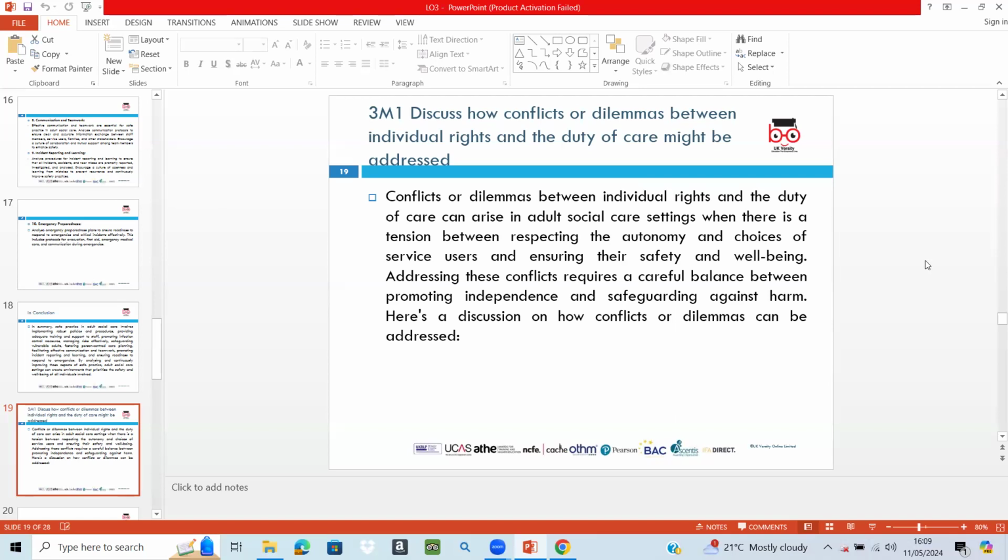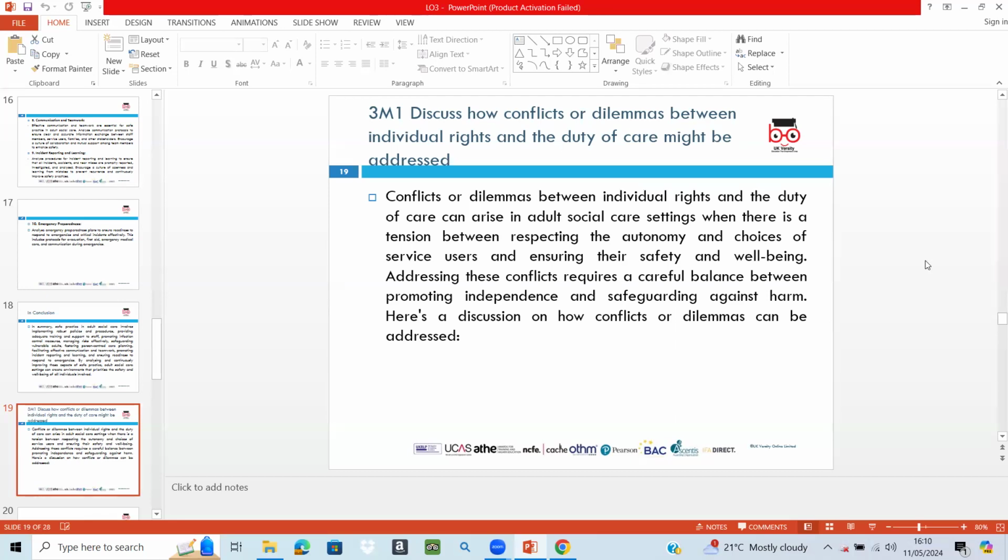Then we have professional judgment and ethics. It could include guidance and support as well. We can add this bit into this one. What will happen, for example, if we address the conflicts or dilemmas between individual rights and the duty of care through open communication, a person-centered approach, and risk assessment in any adult care setting?